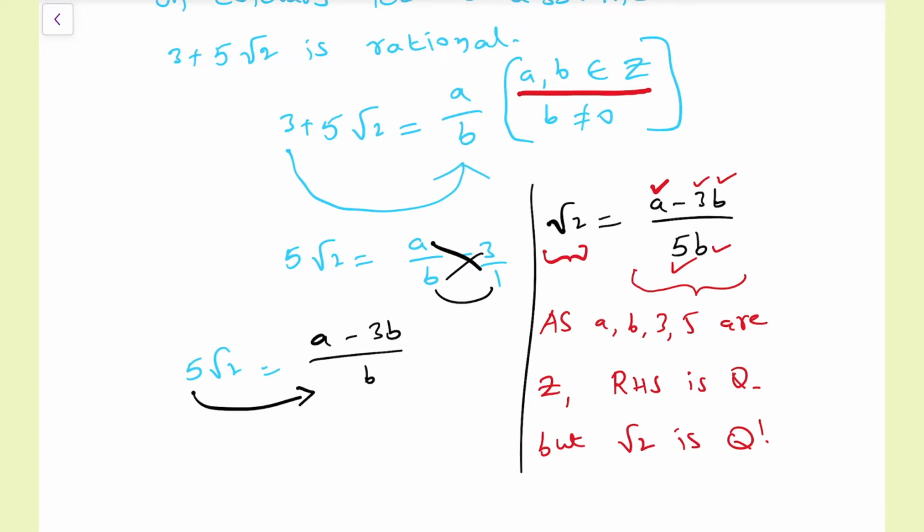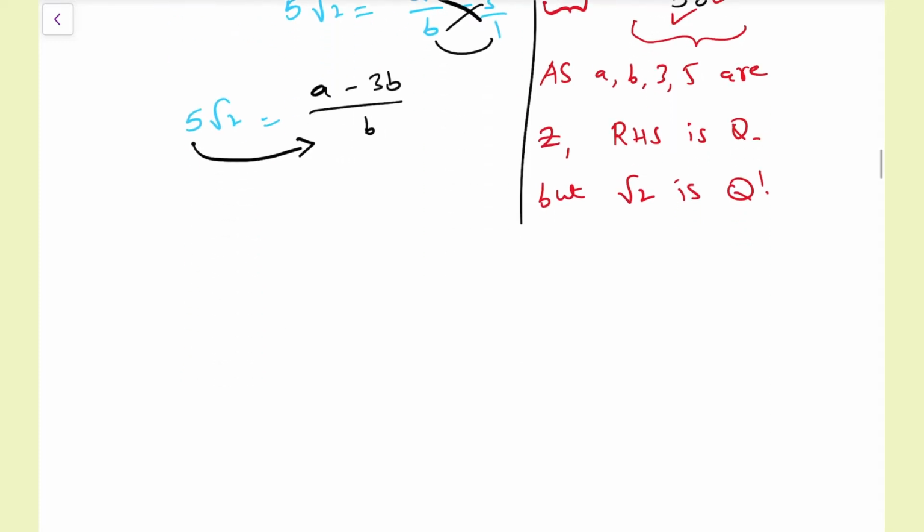So here we can clearly say one thing. RHS we got a rational number, LHS we got an irrational number. Rational and irrational can never be equal to each other, so we definitely got something wrong. That is what we write as the statement here: this contradiction has arisen due to our wrong assumption. What contradiction? Right side rational and left side irrational.